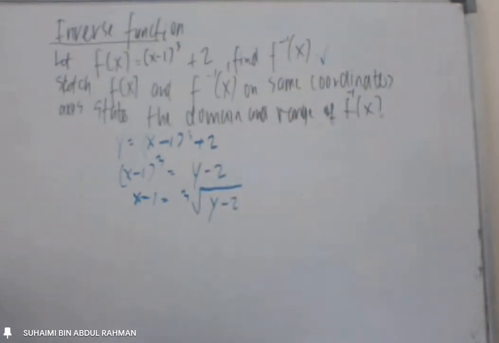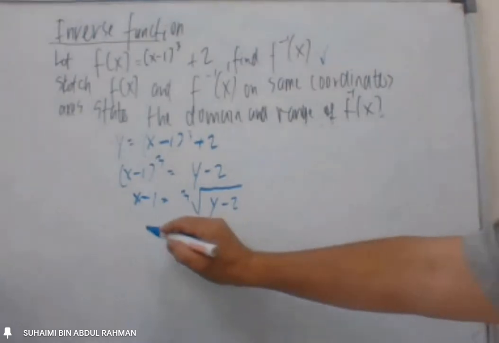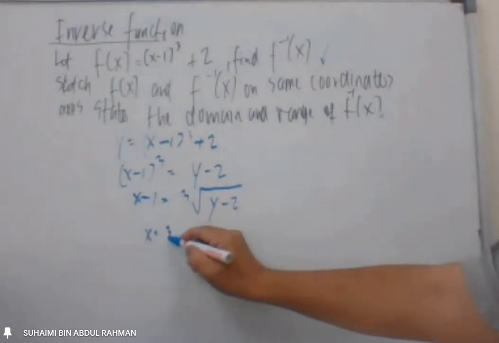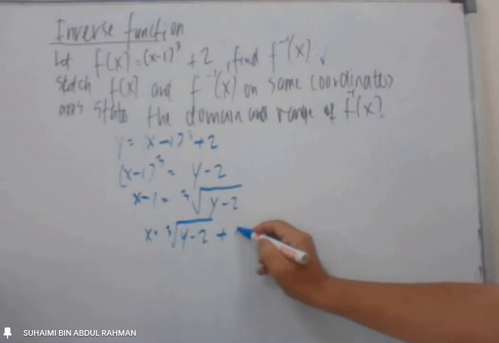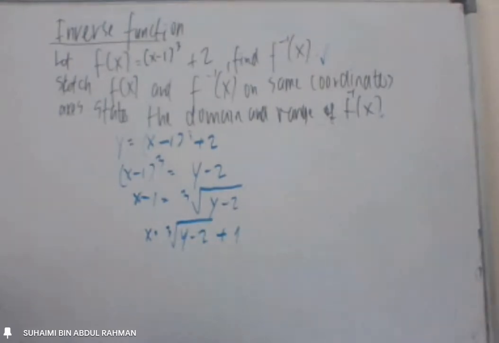When we want to remove the cube on our left, we have to take the cube root on our right. So x is the cube root of (y minus 2) plus 1.